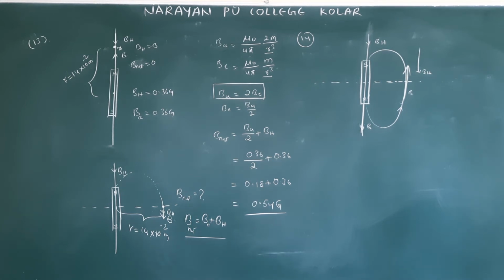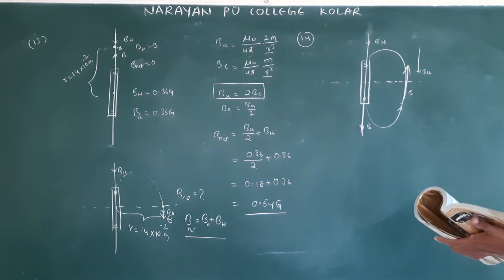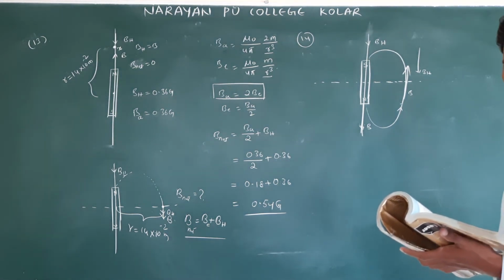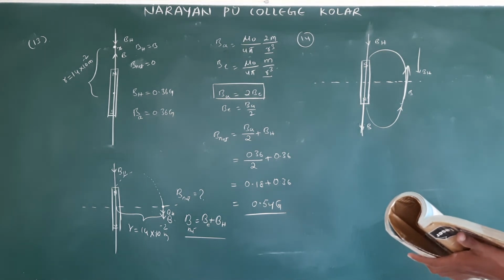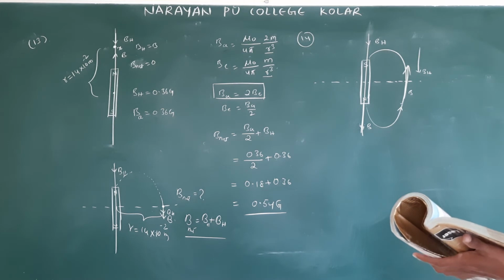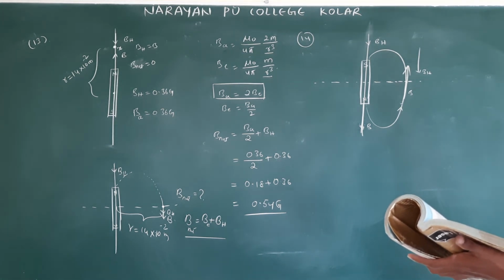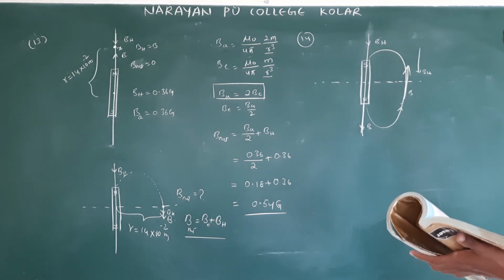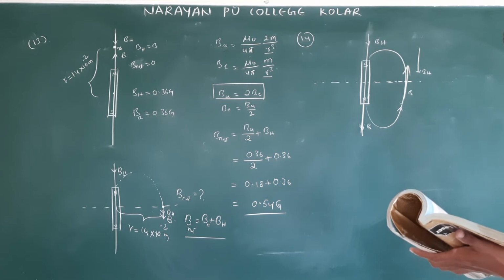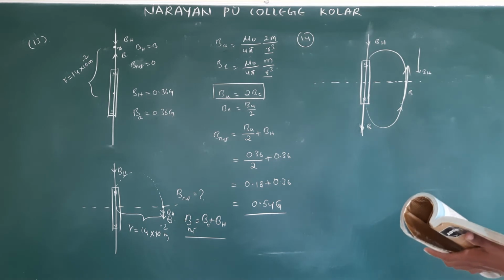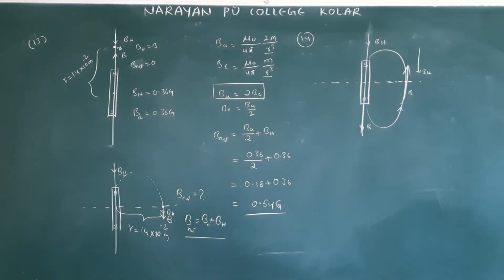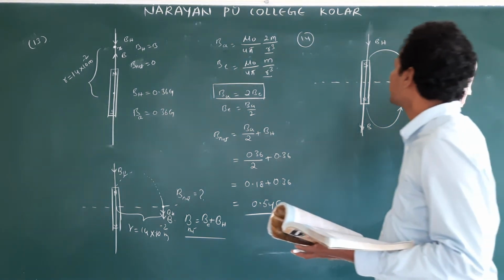At what distance from the center of the magnet is the resultant field inclined at 45 degrees with the Earth's field, on its normal bisector and its axis? The magnitude of the Earth's field in the place is given as 0.42 gauss. Ignore the length of the magnet in comparison to the distance. This is also an important model question. Clear?